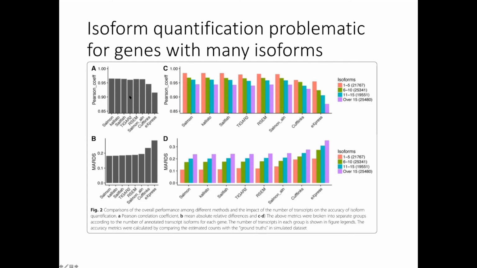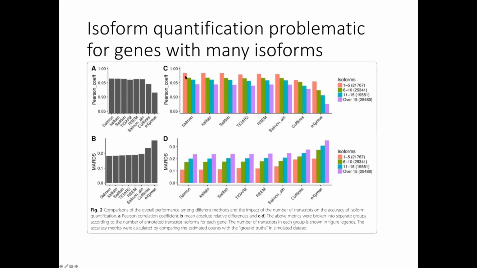The other take-home message is that the more isoforms, so the more possibilities for a gene that are given as a potential transcript, the more problem the program has to actually assign a read to one of these isoforms. If there are potentially over 15 isoforms annotated for that gene, the program has much higher problems assigning it back to the correct isoform.